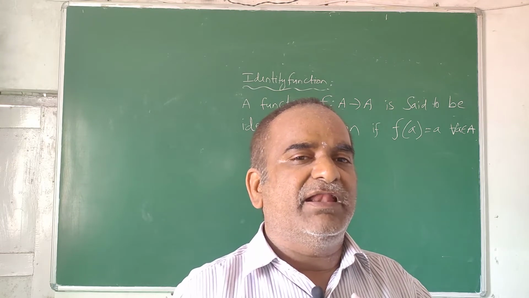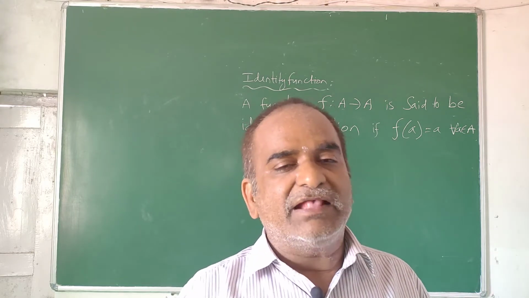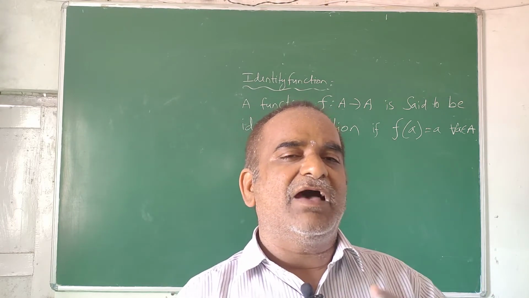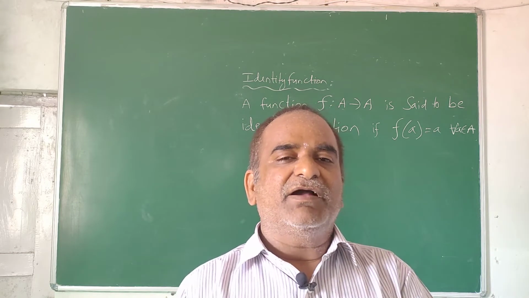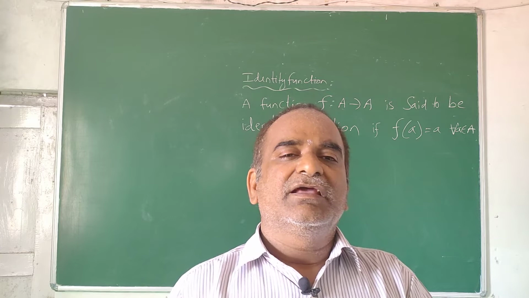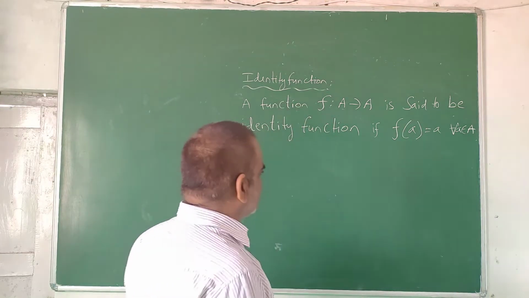One will have one only as image, like that every element will have the same element as image. So that kind of function is said to be identity function. Understood? Now let us take an example.